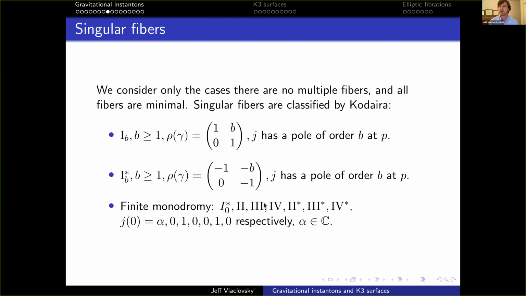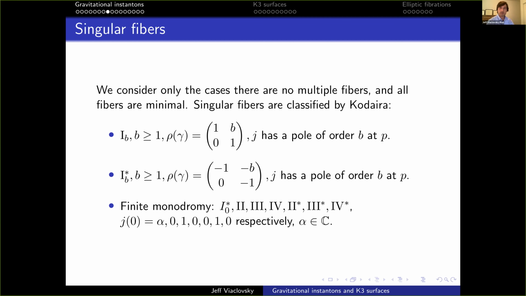The III and III star have J invariant 1, a 90-degree torus. And IV and IV star also have J invariant 0, the 60-degree torus. Each of those has a monodromy generator consisting of just zeros, ones and minus ones, but let me not list that.